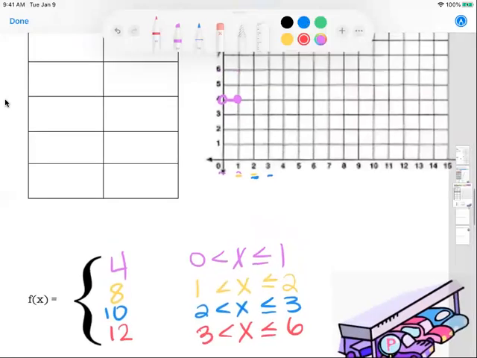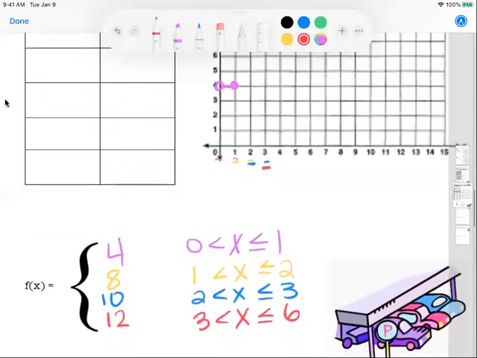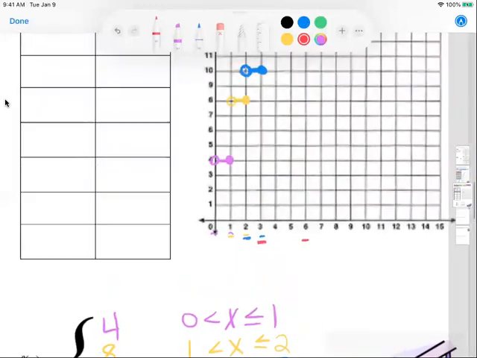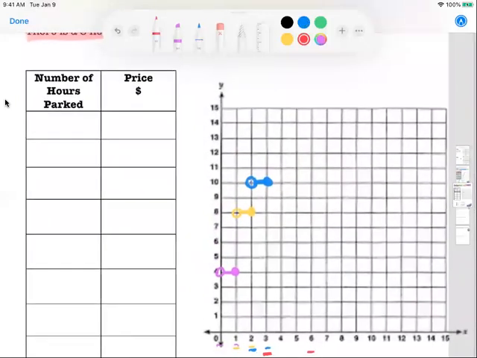They're coming around as soon as that buzzer hits 6 and they're towing your car. Okay, so for this step, it's from 3 to 6 hours. And it is $12. So at 3, I'm going to have that open circle here at 12, goes all the way to 6 with the closed-in circle. And there is our function.